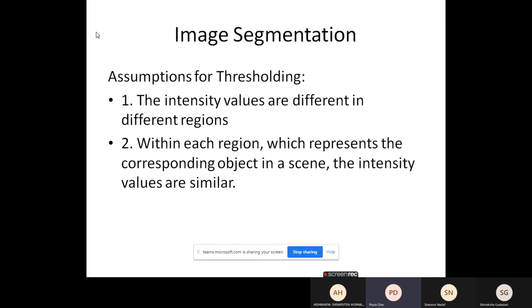One is regarding the intensity values: different regions may have different intensity values. The second assumption is that the intensity values are similar within a particular region.